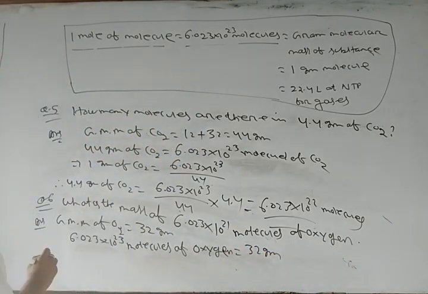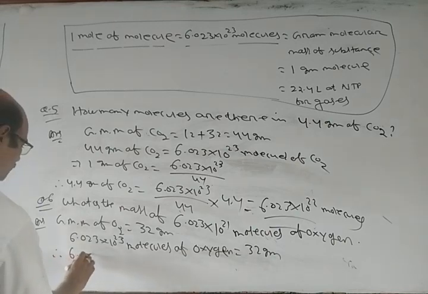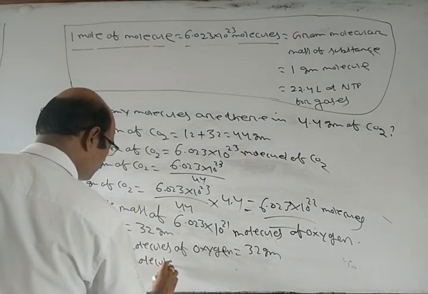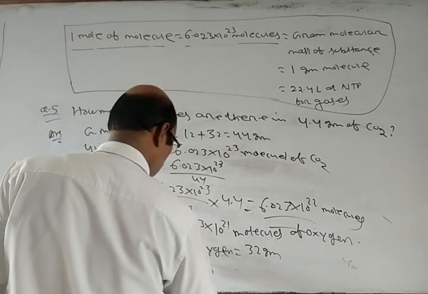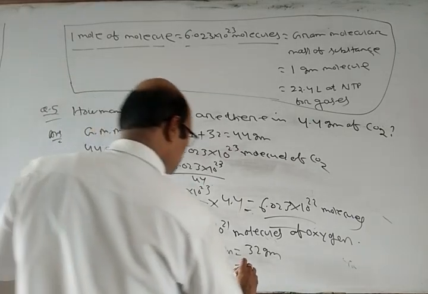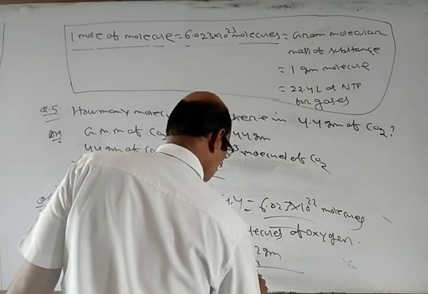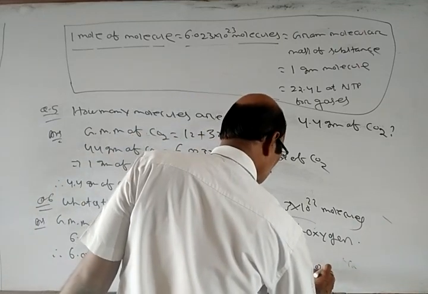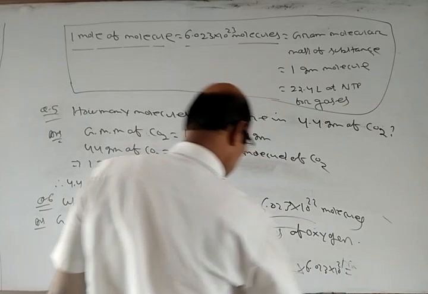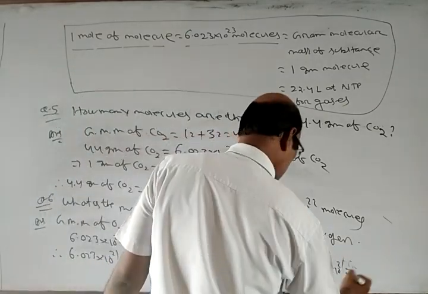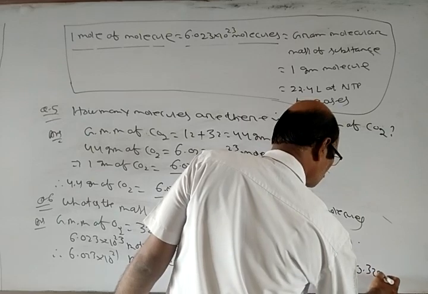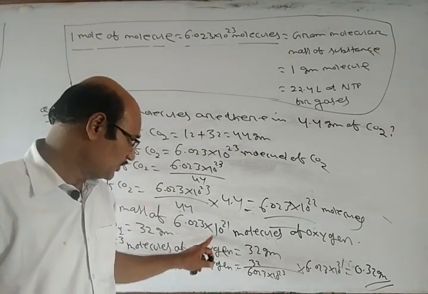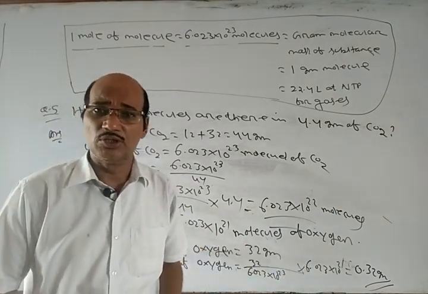Therefore 6.023 into 10 power 21 molecules of oxygen equal 32 divided by 6.023 into 10 power 23, into 6.023 into 10 power 21, which is 1 by 100. So 32 by 100 is 0.32 gram. So the mass of 6.023 into 10 power 21 molecules of oxygen is 0.32 gram.